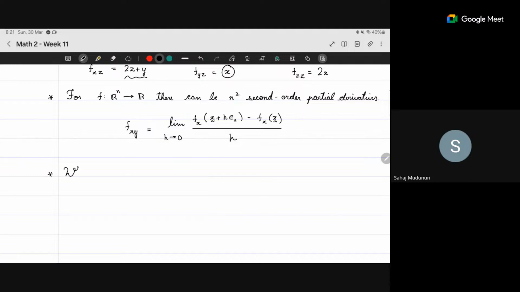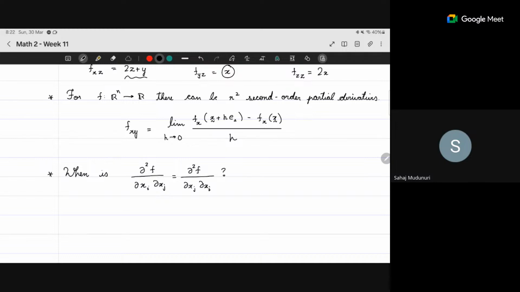Sir, could you please repeat that? Yeah, just one minute. The question that I'm trying to ask is, when is dou square f by dou xi dou xj equal to dou square f by dou xj dou xi? So what is dou square f by dou xi dou xj?